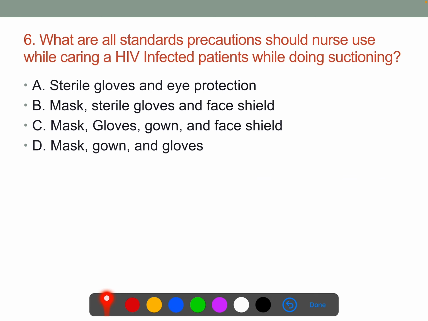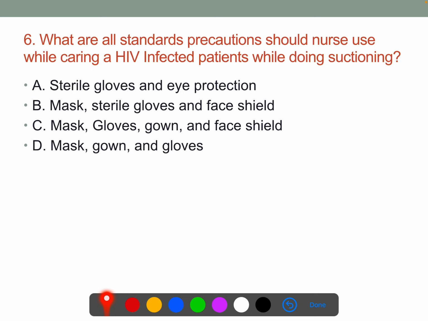Next question. What standard precautions should the nurse use while caring for an HIV infected patient while doing suctioning? Here the twist is HIV infected and suctioning. You have to understand the key of this question. Sterile gloves and eye protection; mask, sterile gloves and face shield; mask, gloves, gown and face shield; mask, gown and gloves. What is the answer?